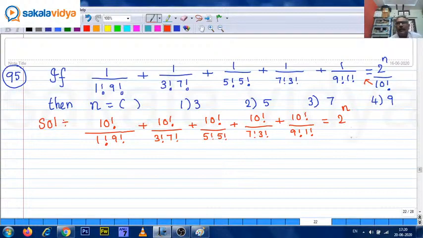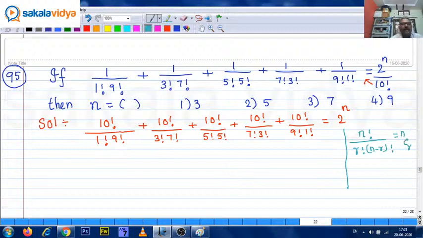So that means we have basically some note, please all of you note down. N factorial by r factorial into n minus r factorial is equal to nCr. This is the formula.